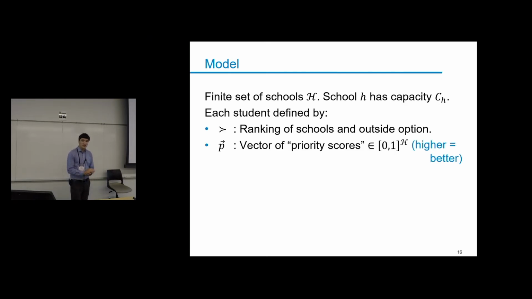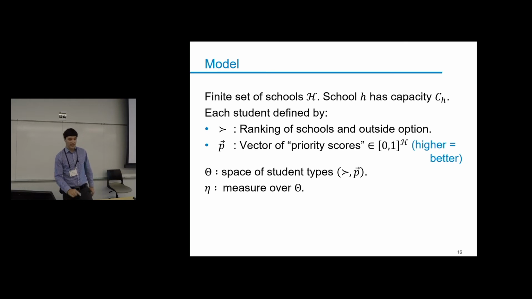Students are going to be defined by two pieces of information. One is their preferences, given by a ranking over the schools and the outside option of going unmatched. Another is a vector of priority scores. These are numbers between 0 and 1, and a higher number means you have higher priority at the school. Overall, this defines a type space of possible student types.